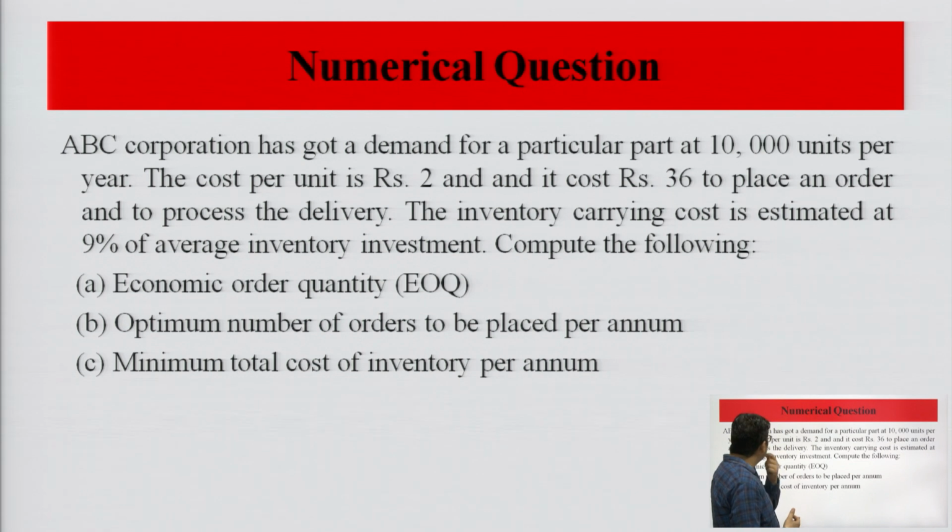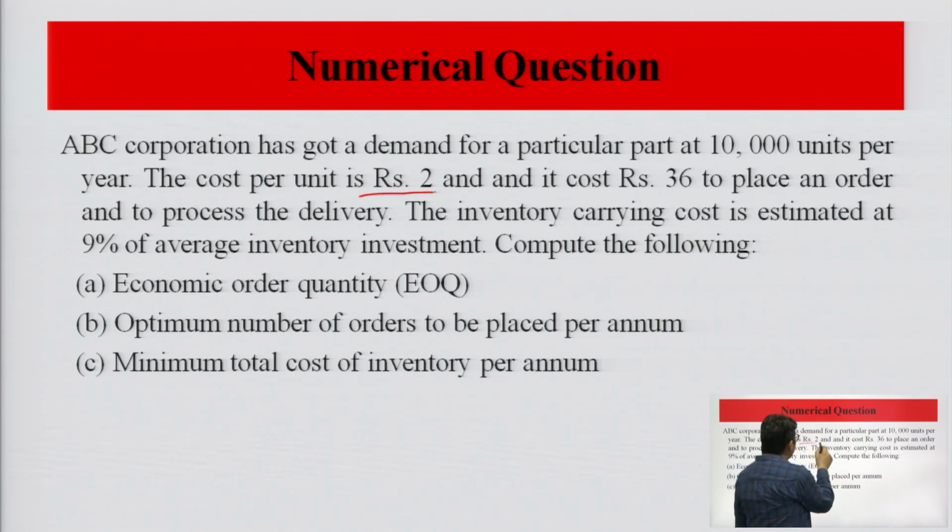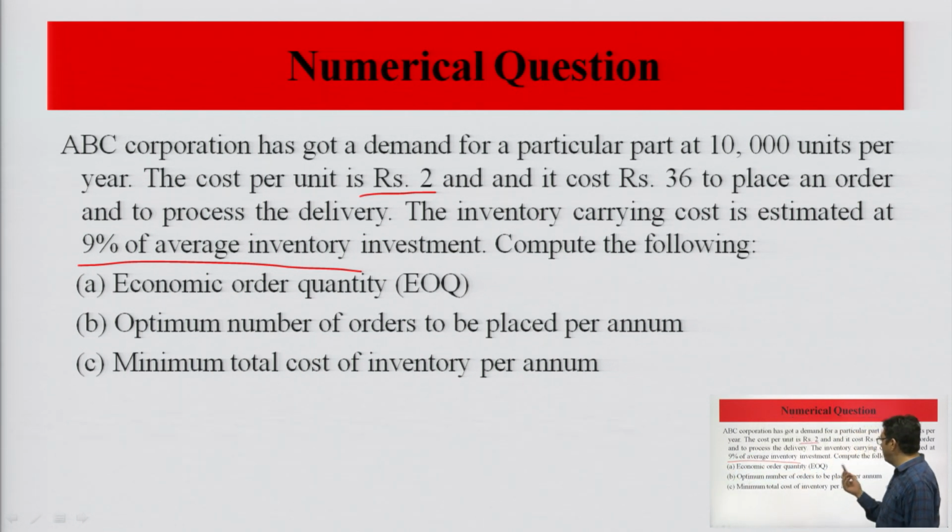ABC Corporation has a demand for a particular part of 10,000 units per year. The cost per unit is 2 rupees, and it costs rupees 36 to place and process an order. The inventory carrying cost is estimated at 9% of its average inventory. We have to calculate the economic order quantity.